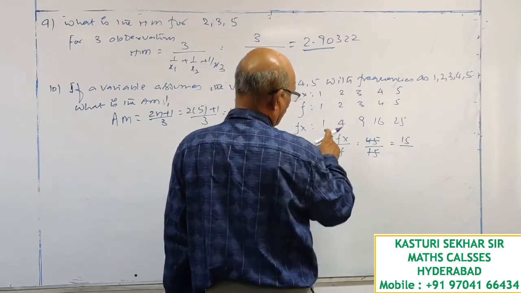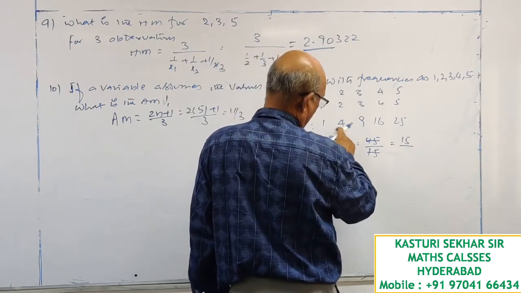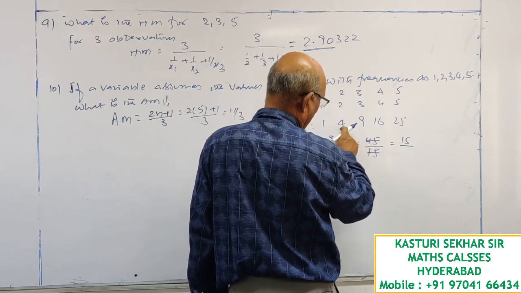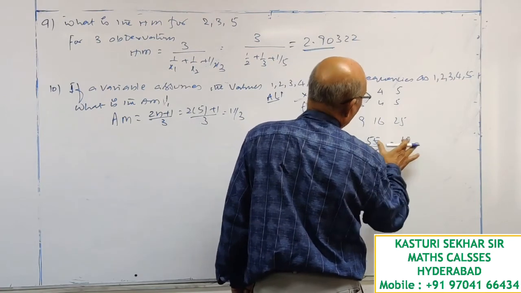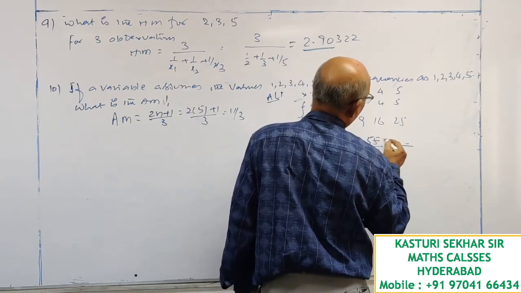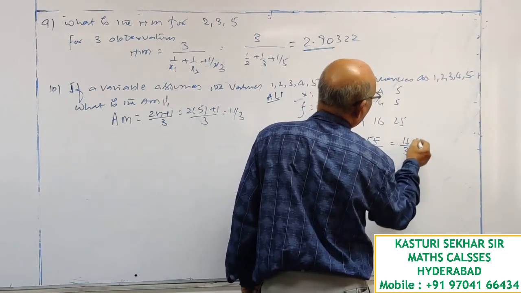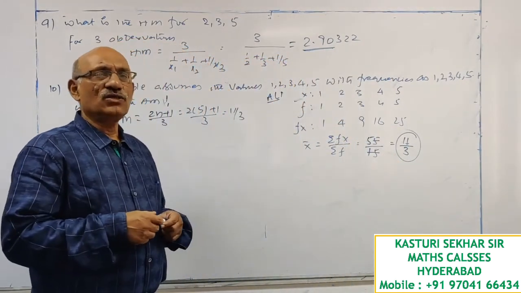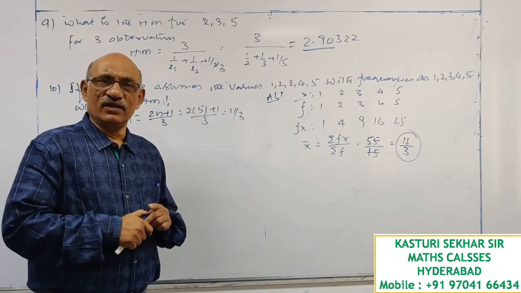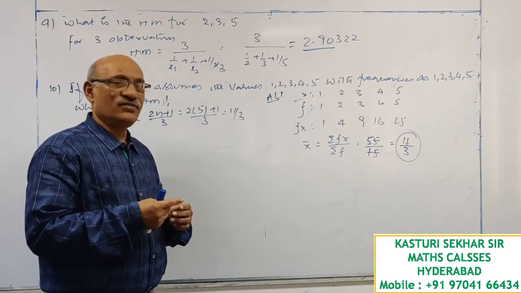Summation of Fx is 1 plus 4 plus 9 plus 16 plus 25, which is 55. So 55 by 15, which is 11 by 3. Either way, you can solve the problem; it doesn't make any difference as far as the answer is concerned.